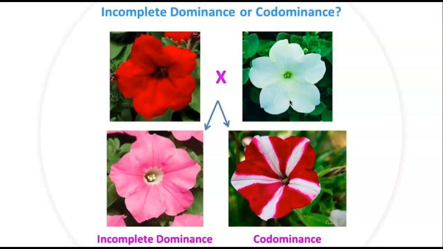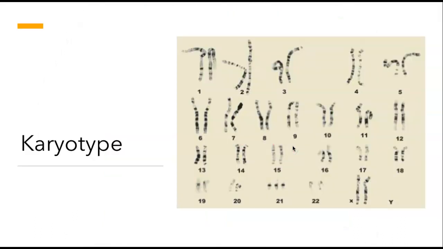And then there's something called codominance. Here's an example of incomplete dominance, and here's codominance, where if you got red and white, red being the dominant, white being the recessive, again, both are shown equally, and that is called codominance. So very interesting as well.